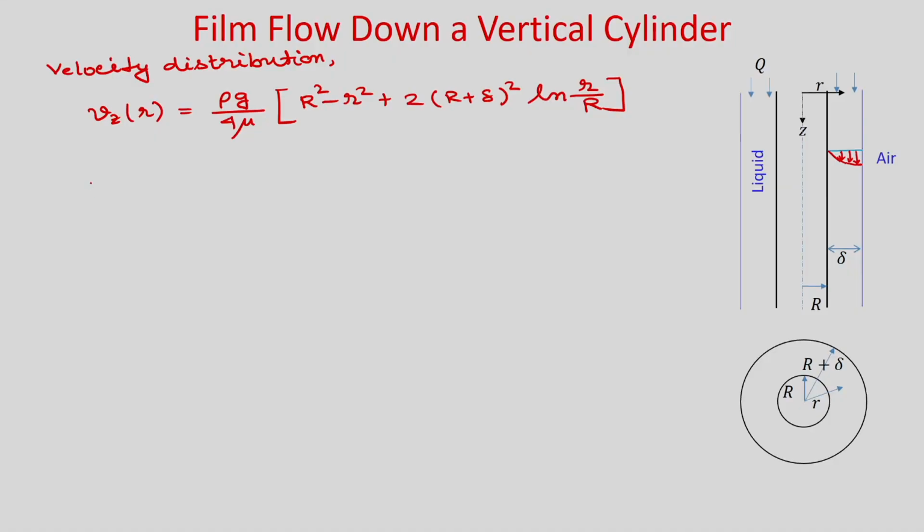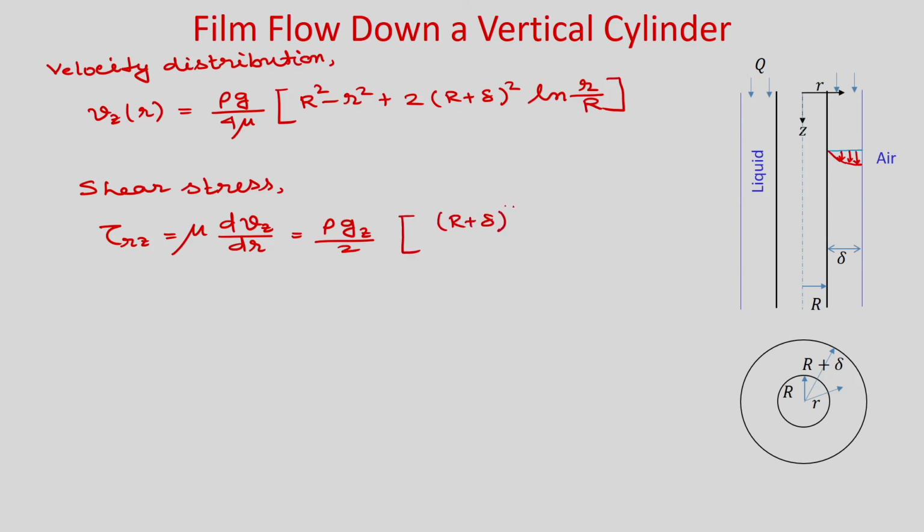Now, if you want to find the shear stress, then you can find tau rz inside the film thickness. So, shear stress tau rz, you will get mu into dvz/dr, and this if you find, you will get rho g z by 2 times (R plus delta) square divided by r minus r.